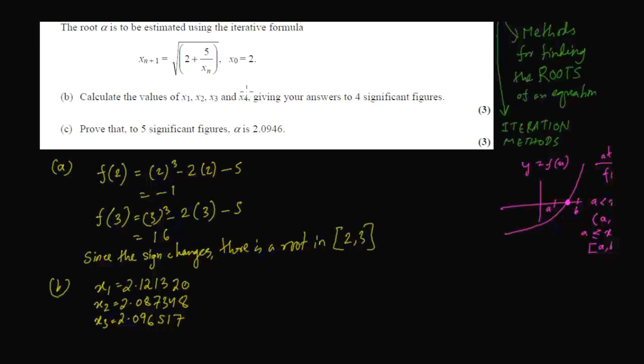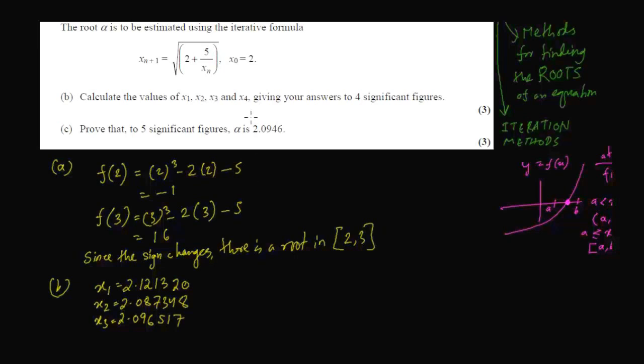Now one thing you have to notice, gradually we are getting 2 point something, 2.08, 2.09, it's getting closer and closer, and you see it is between 2 and 3, and we are step by step getting a more accurate answer. Now you might ask the question, when do we stop? When do you know how accurate it is?